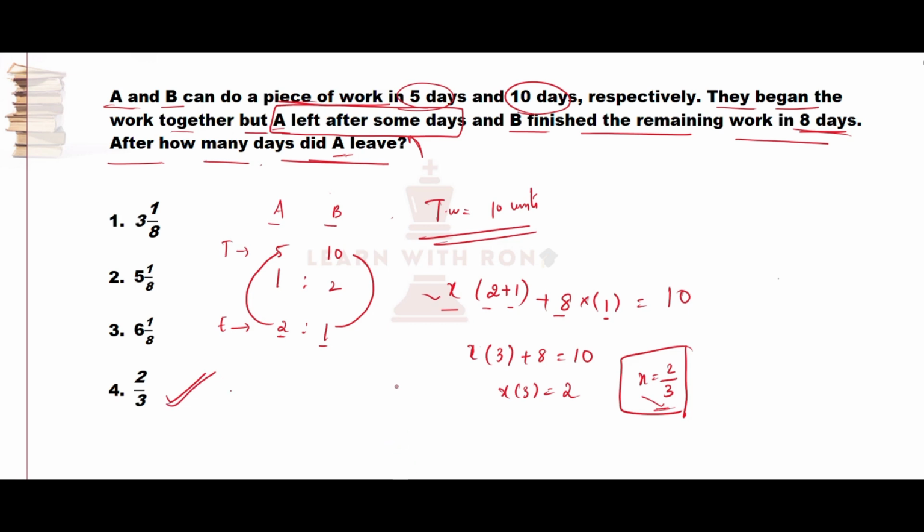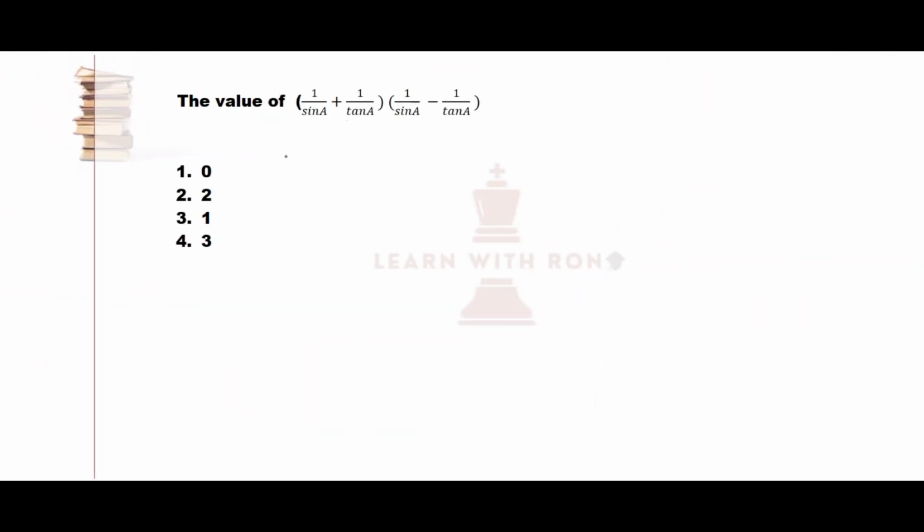Let's see the next question. See this one, one more trigonometric question. Again, first we'll solve by the value substitution method. See, for example, if I substitute A as 0 degrees, sin 0 is 0, 1 by 0 is not defined. So substituting A as 0 is not suitable. If I substitute A as 45 degrees, 1 by sin 45 is 1 by square root of 2, plus tan 45 is 1.